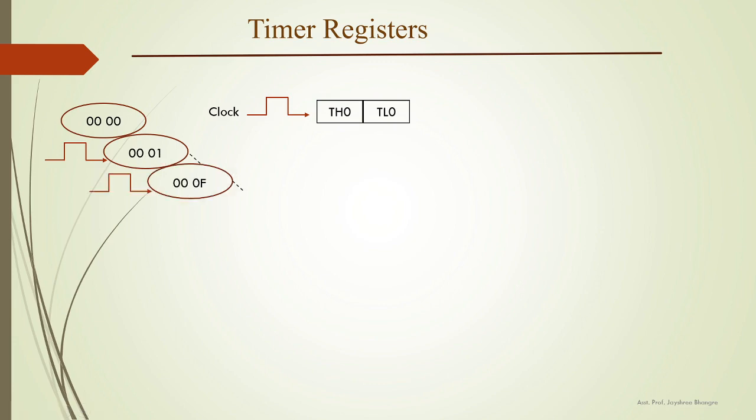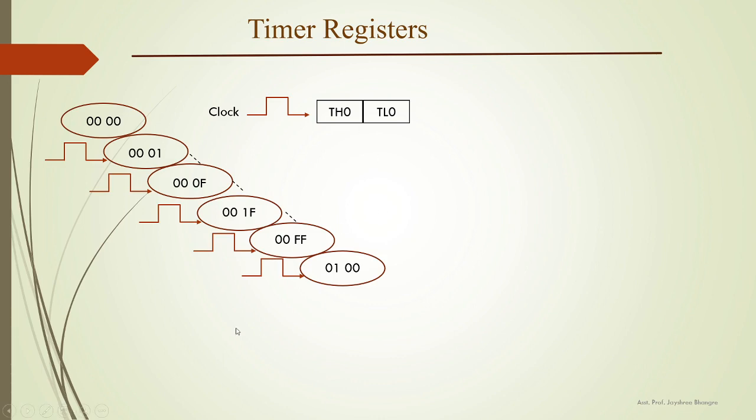After applying some clock pulses, it will count up to 000F, then 001F, 00FF. Again, after overflow of the lower 8 bits, it will count to 0100.